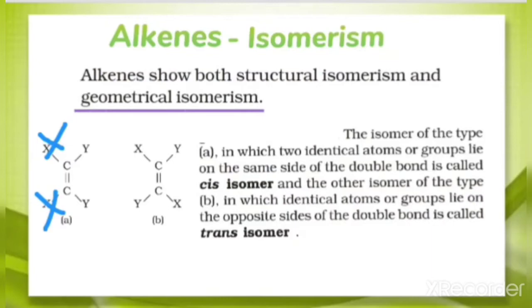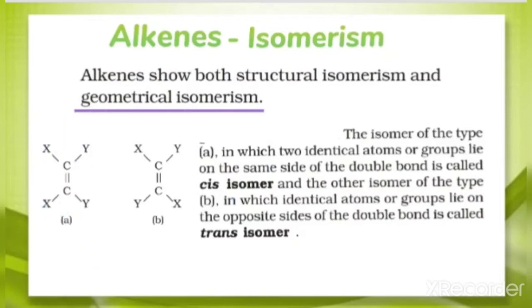Because we have represented them by X. So the two identical atoms or groups lie on the same side of the double bond. Both the X are on the same side and both the Y are on the same side of the double bond. So that isomer is called the cis isomer.